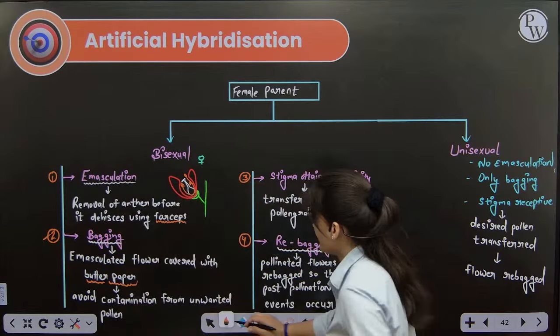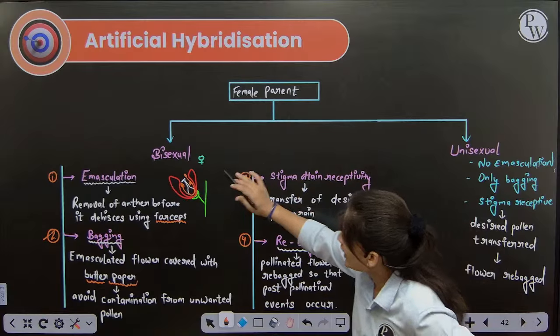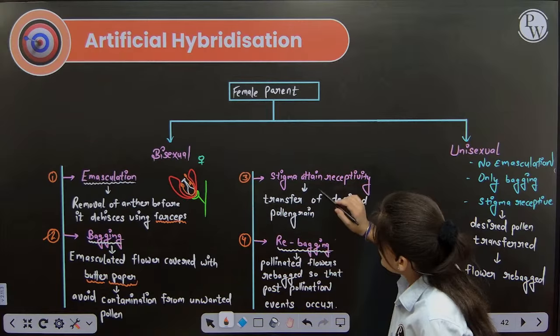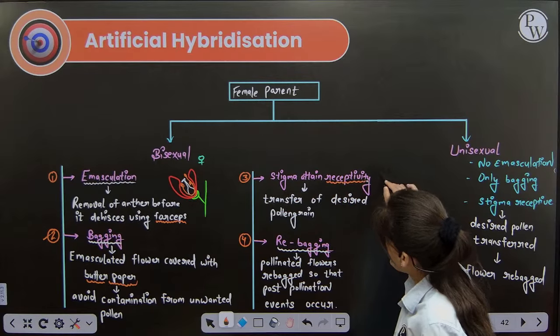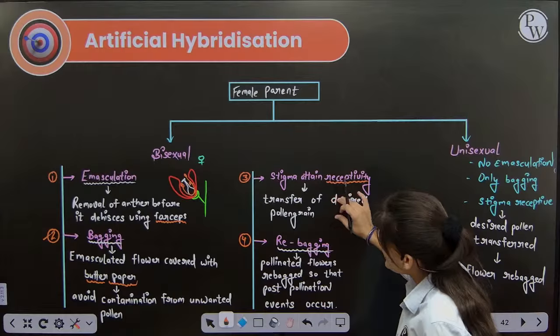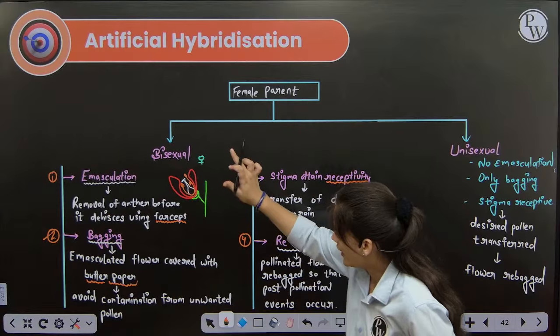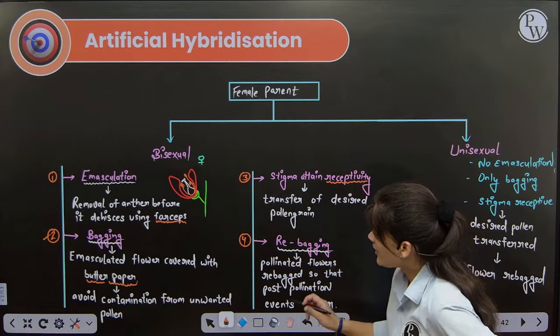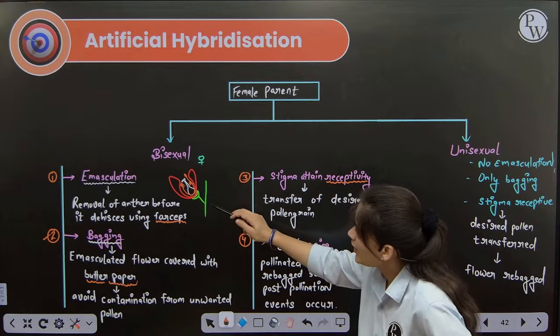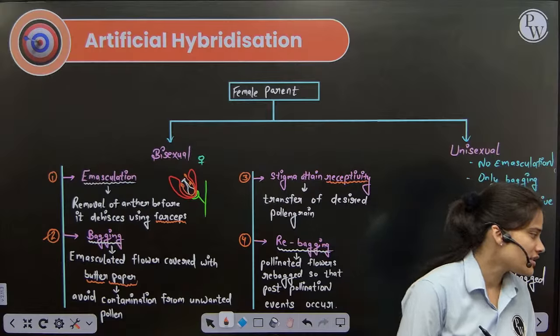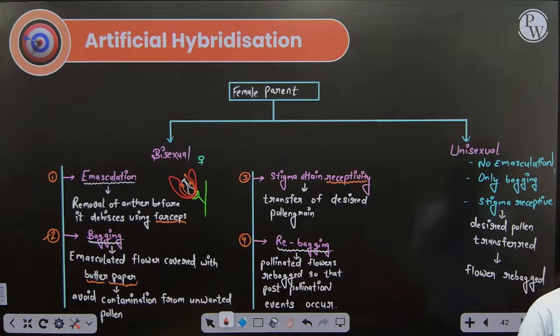Third step, if the stigma of that flower attains receptivity, then the desired pollen grain is transferred over here. And the fourth step is rebagging. The pollinated flower is rebagged so that post-pollination events can occur.